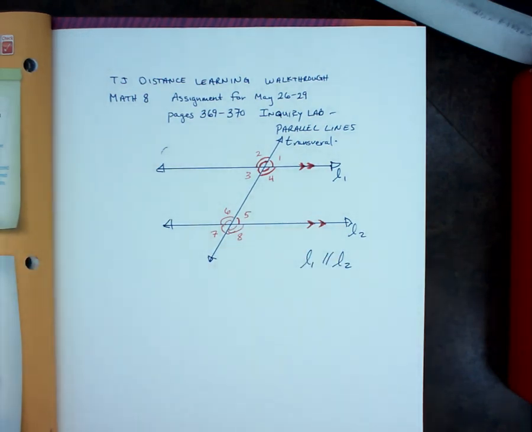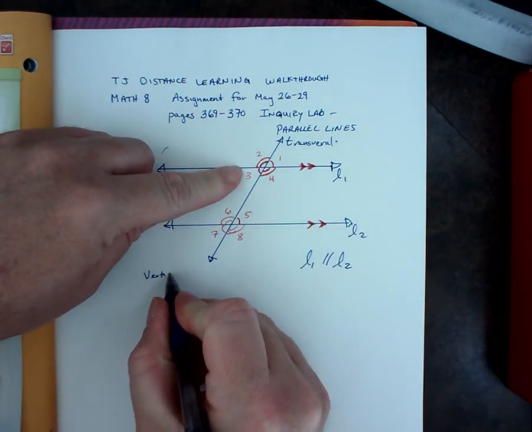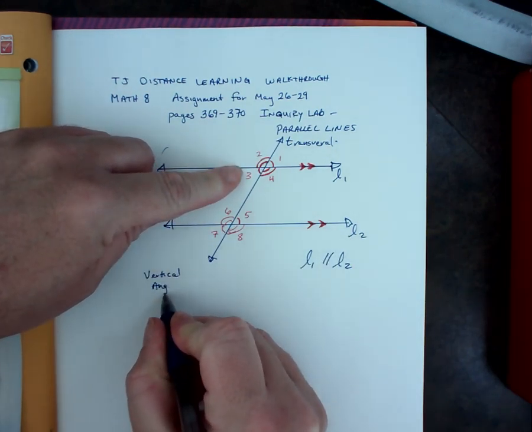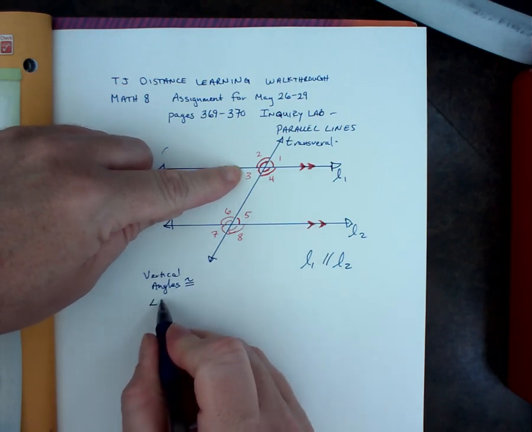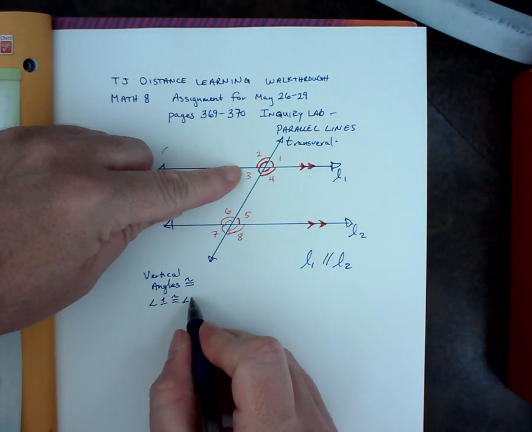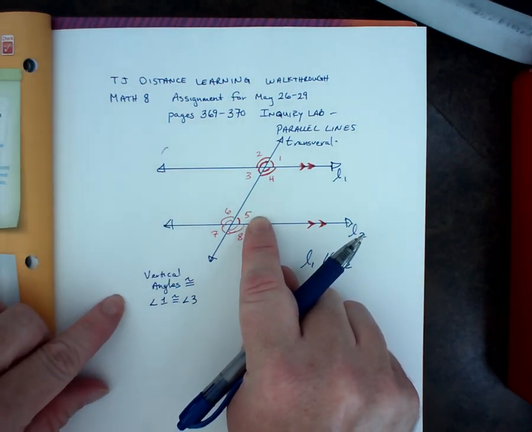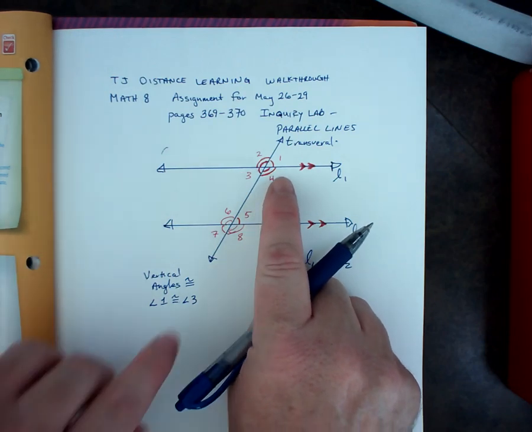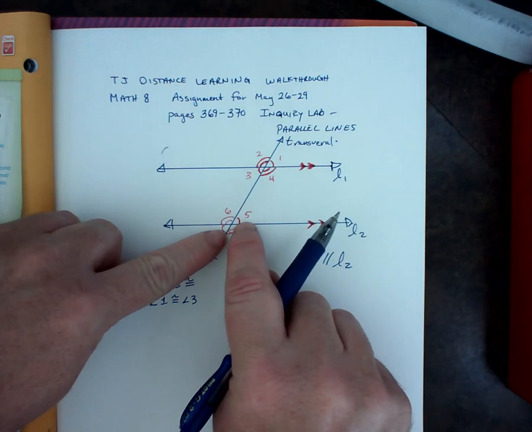And then we have lots of ways we can name angles. Vertical angles are congruent. That's angle 1 is congruent to angle 3, and also 5 and 7. Those are vertical angles. And then we have corresponding angles, 1 and 5. There's a lot of them.